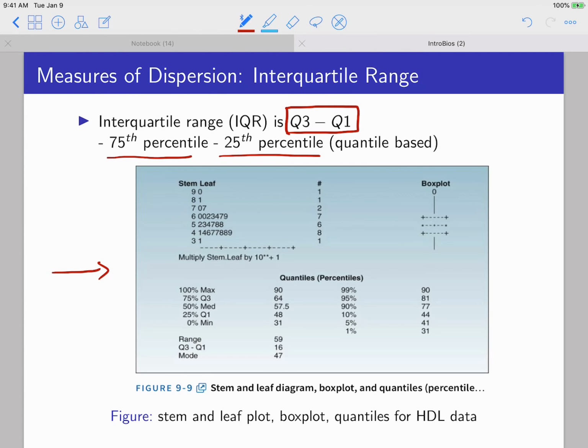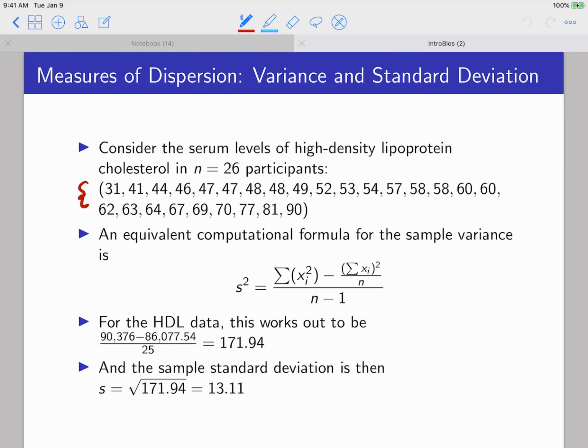So for instance, let's just focus here. If we had decided that the 10th place was the most natural place for our stem to be, then how do we write the leaves? Well, let's go back and look at our data set and see how many 3s we have.